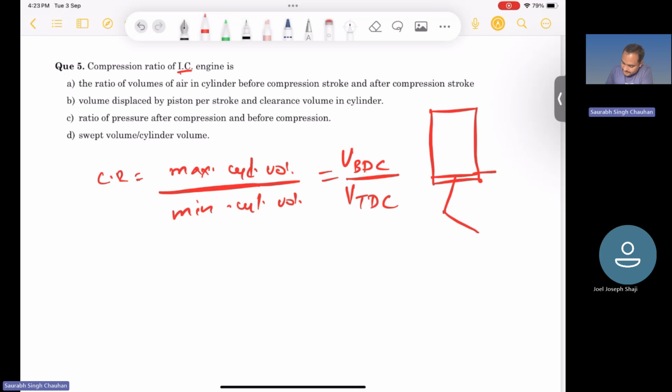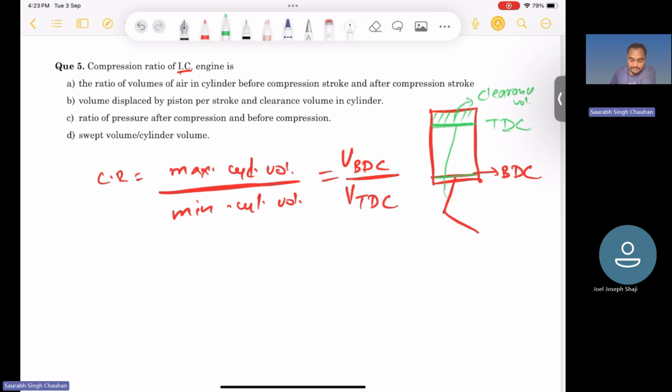So this is at BDC, bottom dead center, and this is at the TDC. When the piston is at TDC, you will get the minimum volume, which we sometimes call clearance volume. And when the piston is at BDC, we get the maximum volume.